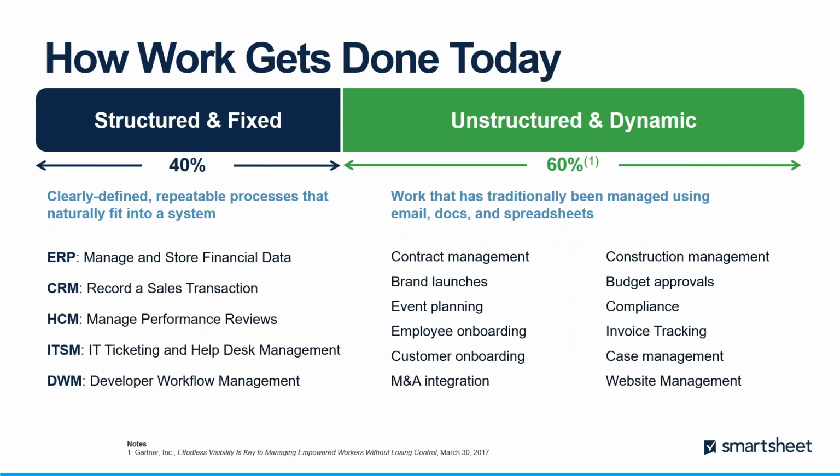The remaining work, about 60%, and actually in my experience of consulting, I'd probably say it's more than 60%, but nevertheless, that remaining 60% is work that traditionally has been managed using email, documents, and spreadsheets, and I'd add into that as well, probably a ton of meetings, and you can see the examples listed there.